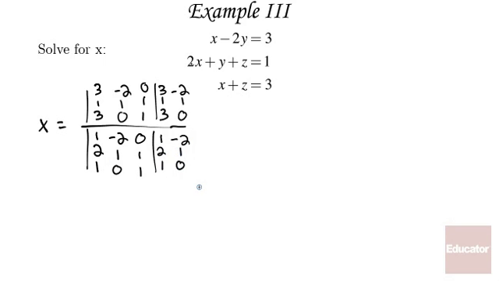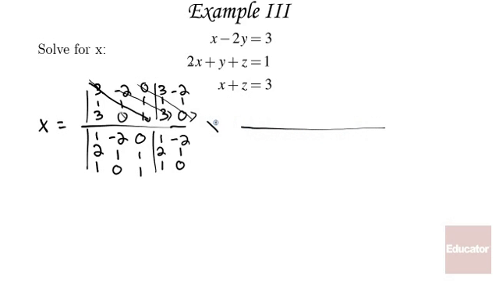Once I've done that, I need to start at the upper left and go along the diagonals, finding the product of that and adding the product of this diagonal to the product of the next diagonal and the next diagonal.